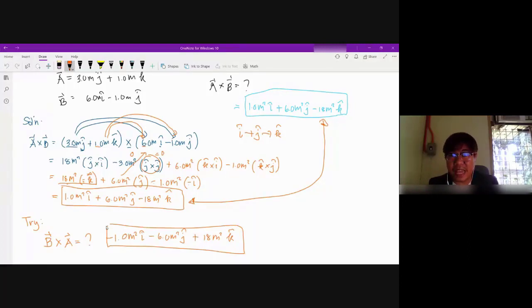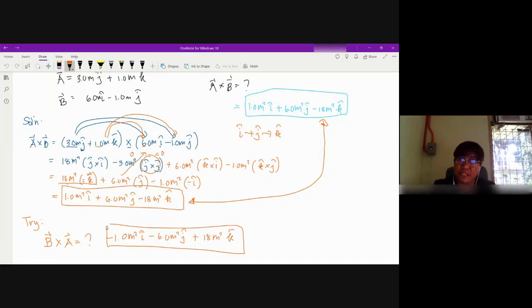But then there are other techniques, for example, techniques for doing this easily. It's called the determinant method, or the basket method. I think Sir Roel introduced it. But before I proceed to that, there is the right-hand rule.